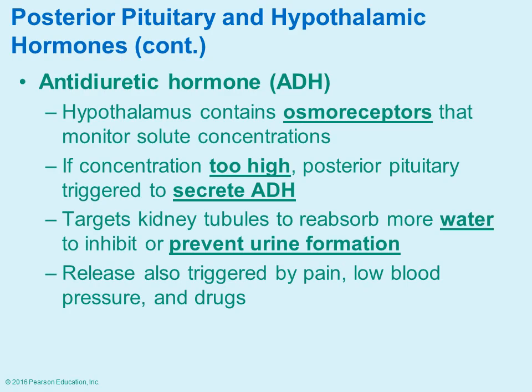What the ADH is going to do is affect the target cells in the kidneys, the tubules of the kidneys that are responsible for reabsorbing water. What happens in the kidneys, and we'll get to this later in the semester, is that the kidneys act as filtration. As the blood's coming through the kidneys, it's going to remove most everything out of the blood and then slowly add back into the blood what's needed at that particular time.